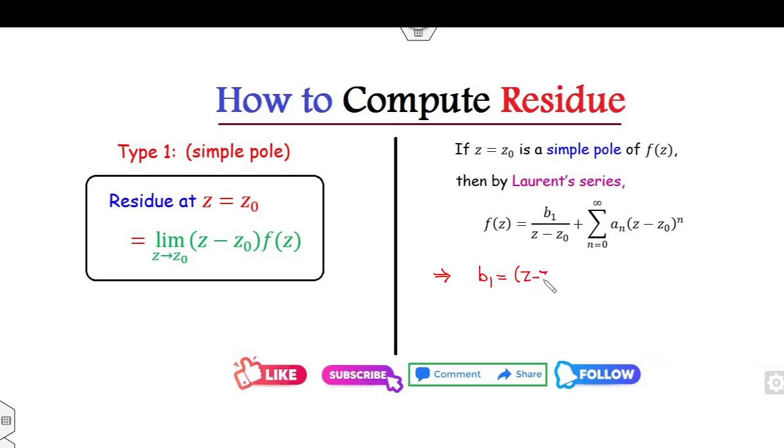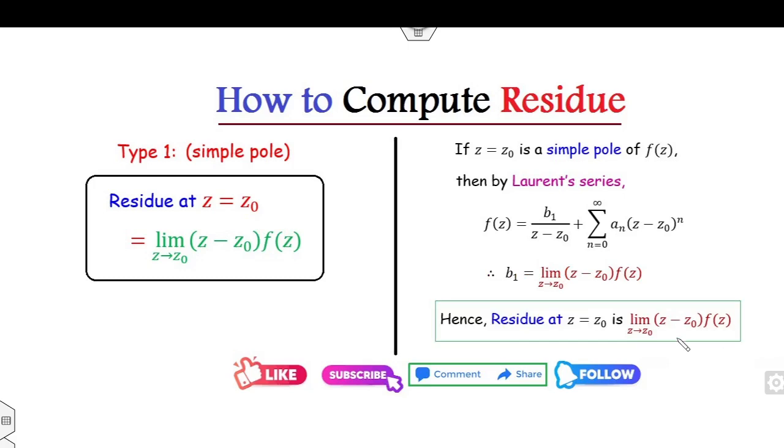I can multiply by z minus z naught on both sides and take this value on the left hand side. This term will be an (z minus z naught) raised to the power n plus 1. Now you can take the limit as z approaches z naught. This value will be 0. Hence b1, that is the residue at the point z naught, is the limit as z approaches z naught of (z minus z naught) f(z).